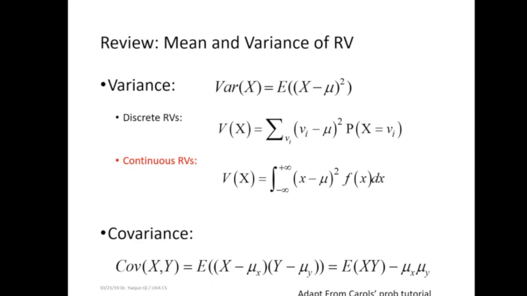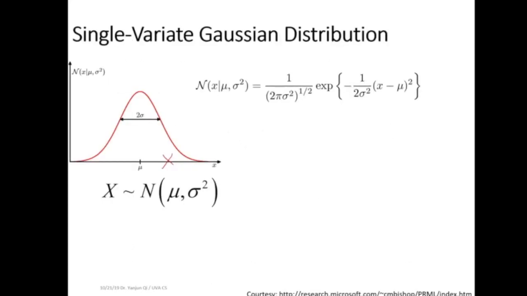So this is captured through this equation with x times y, this is a new random variable, times its expectation, minus mu x times mu y. All right, so the most classic continuous random variable is the Gaussian distribution. So let's look at a single case.